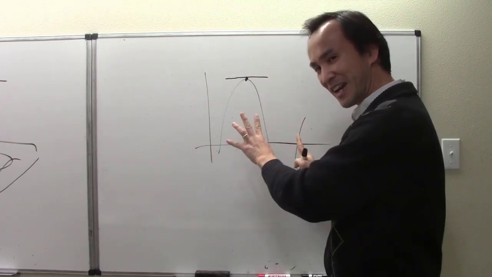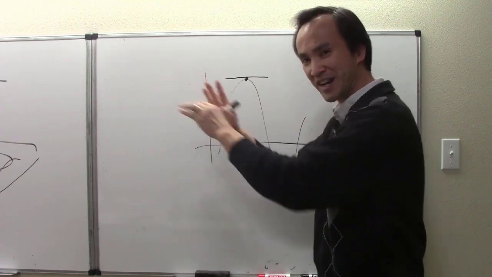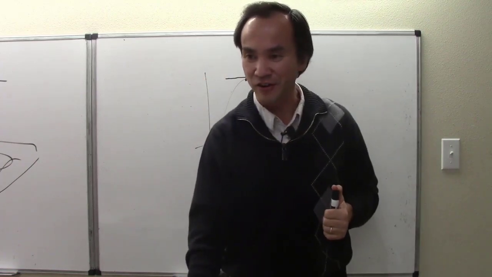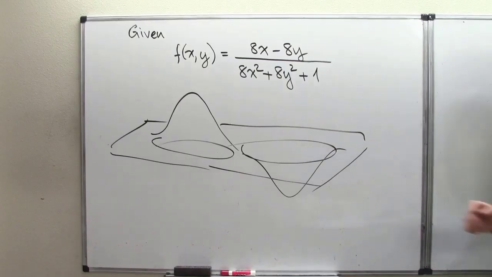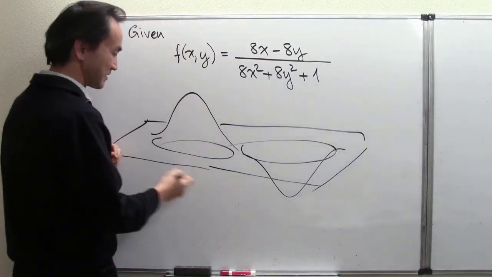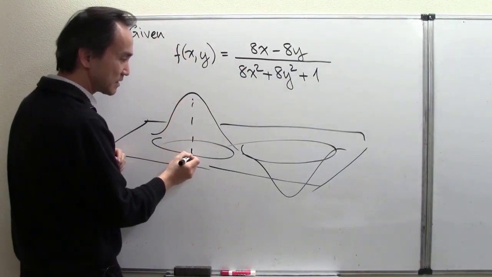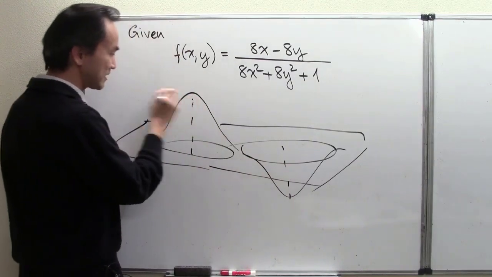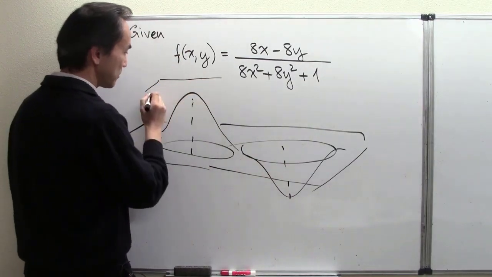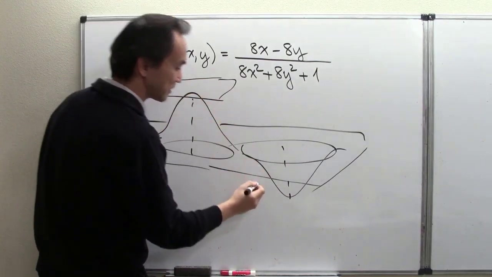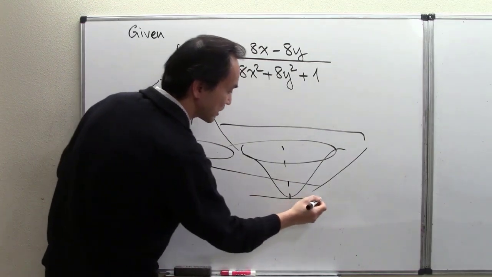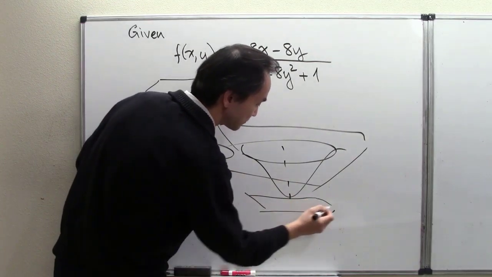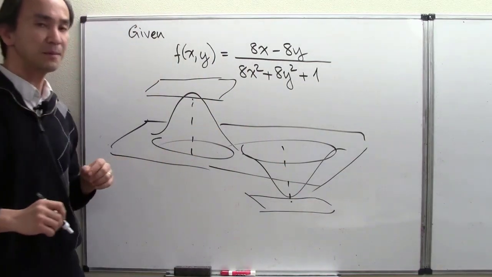We take that idea and bring it into the case of a function of two variables. Whether we're at a local maximum or a local minimum, if we place a tangent plane there, the tangent plane would need to be horizontal, a flat tangent plane.